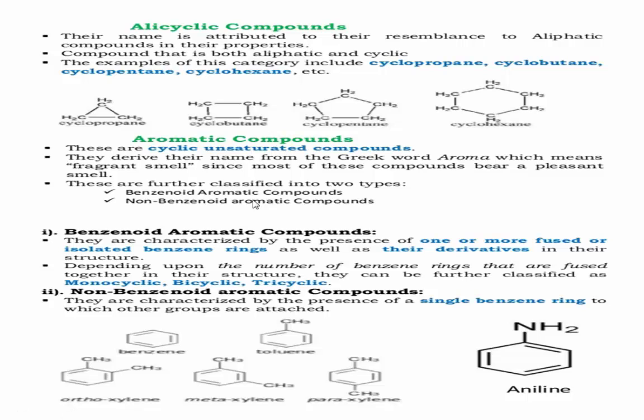But these aromatic compounds are observed as benzenoid and non-benzenoid aromatic compounds. Benzenoid means they contain benzene. Non-benzenoid means they do not contain a benzene ring, but they have aromatic properties. See here, benzene, the first member of aromatic compounds. Toluene, paraxylene, metaxylene, and this one is aniline.